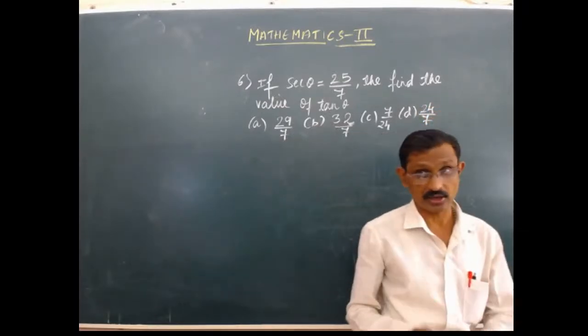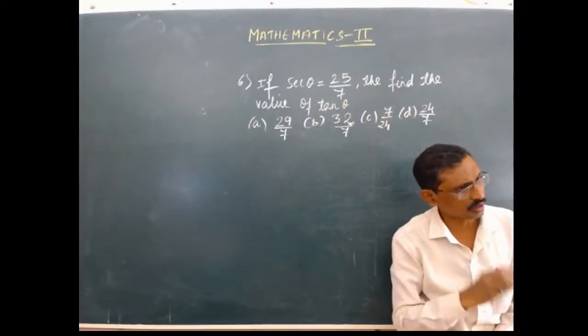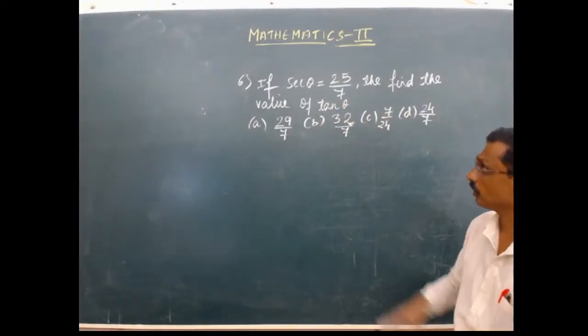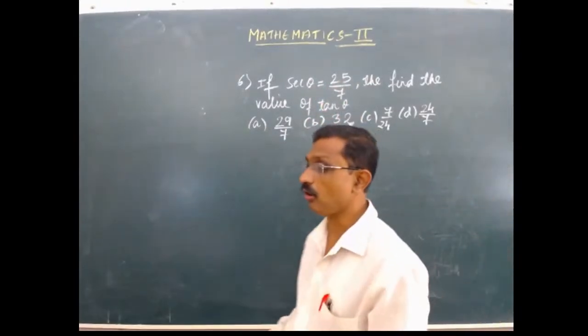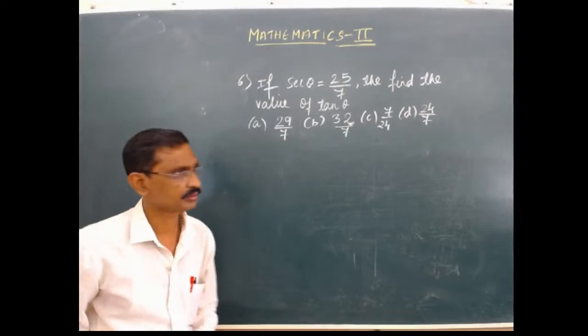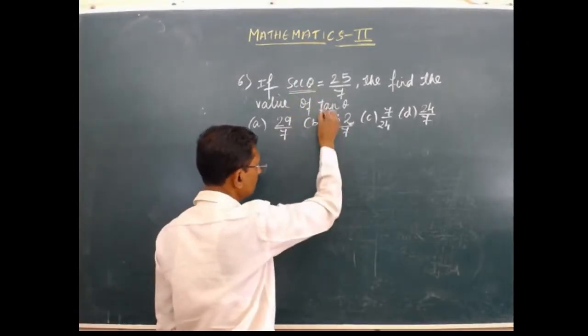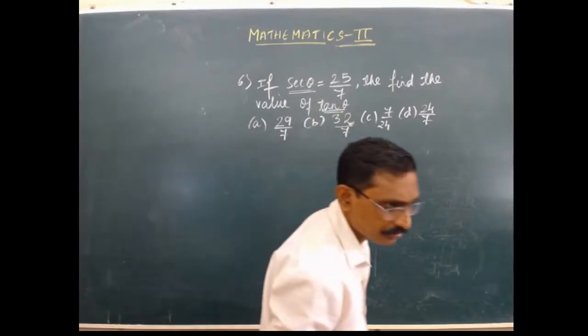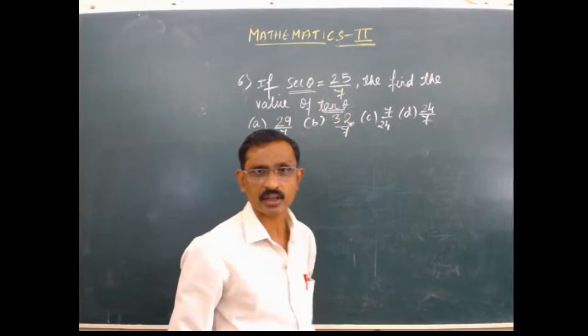As I always say, look at the question properly and read it, because there are a lot of hints given there. If sec theta is 25 upon 7, then find the value of tan theta. Here sec theta is given and we have to find tan theta. Is there any relation between sec theta and tan theta?